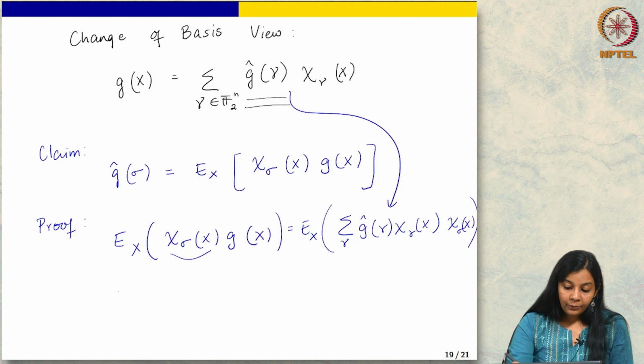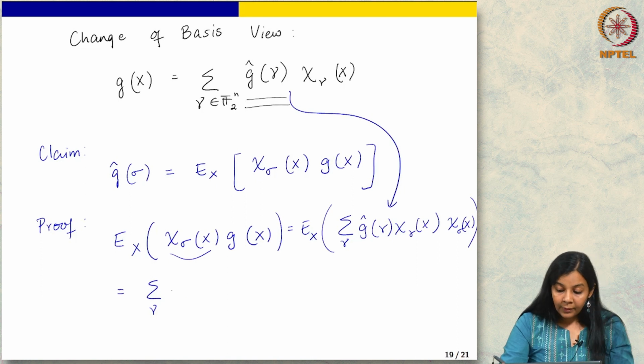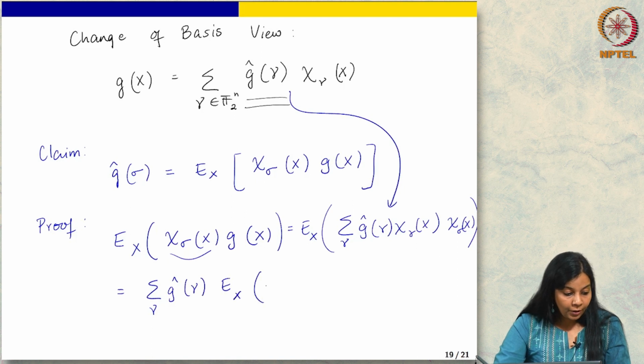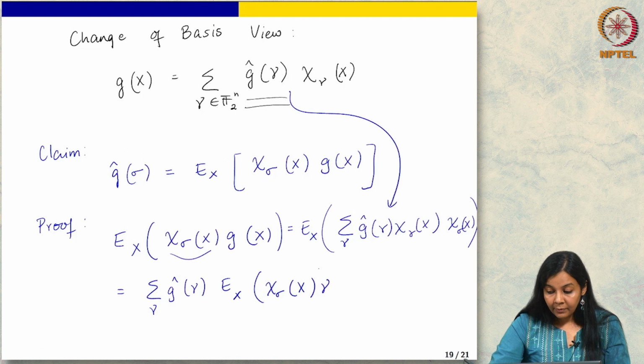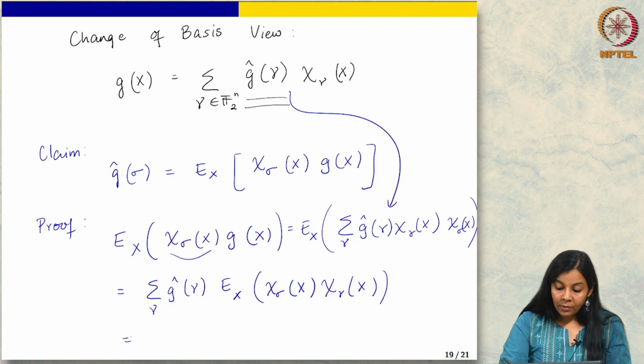Okay, so now this is equal to what? This is summation over gamma g hat of gamma Ex of chi sigma x chi gamma x. And what is this going to be?